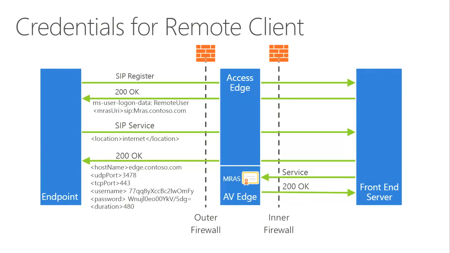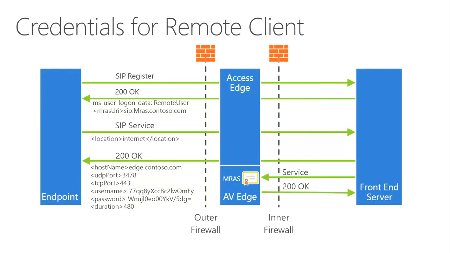So as you can see here, the endpoint will learn the host name of the AV edge pool. So every time the client wants now to start a media call, it knows, well, I need to go, in this example, to edge.contoso.com. That's the external FQDN of the AV edge pool, because this is an external user. If it would be an internal user signing in, then the user would learn the internal FQDN of the edge pool. We are also learning what ports to use.